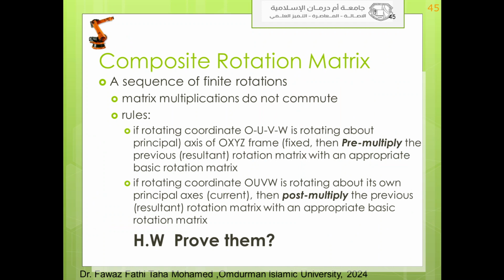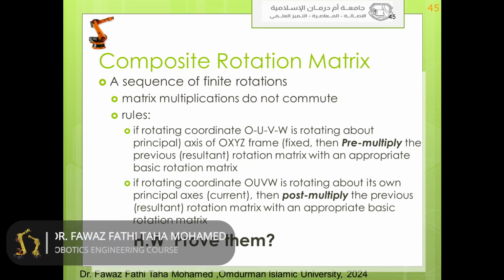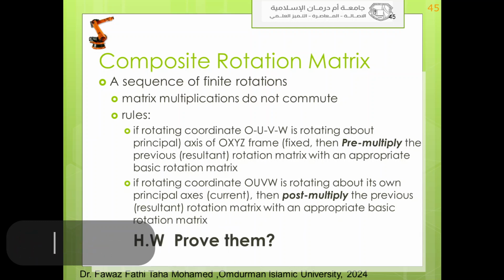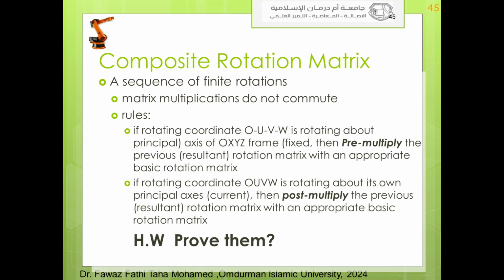Now we will talk about the two cases of composite rotation matrix. The composite rotation is a sequence of finite rotations. Matrix multiplications don't commute. So the rules: if the rotating coordinate frame OUVW is rotating about a principal axis of the OXYZ frame, and it is fixed, then pre-multiply.